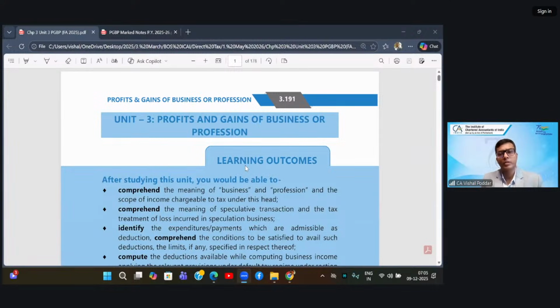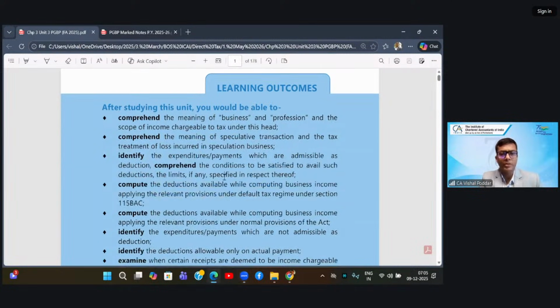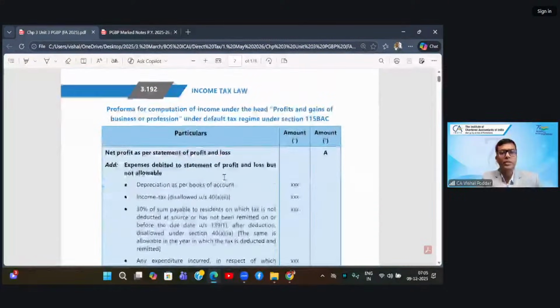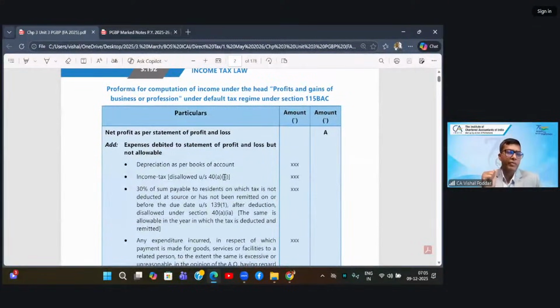So we are dealing with the computation of the business head income. Now, business head is something which is very vast, something which is very tricky, if I can say so, but at the same time, something which offers great insight not only about the business head, but about overall income tax law.